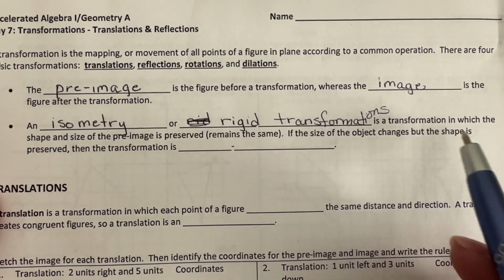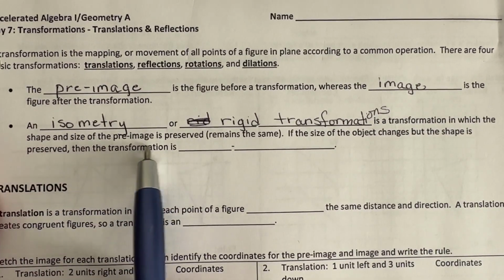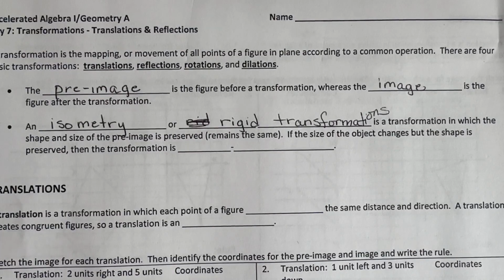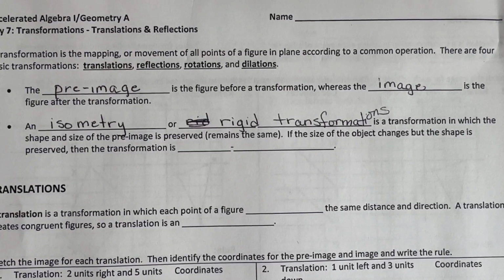This is a transformation in which the shape and size of the pre-image remain preserved. In other words, we're just going to scoot it around on the paper and change its position. But if one side is 4 squares long, it's going to stay 4 squares long.